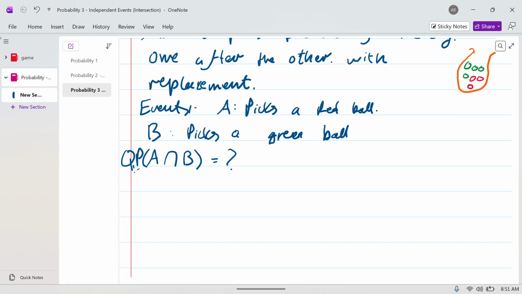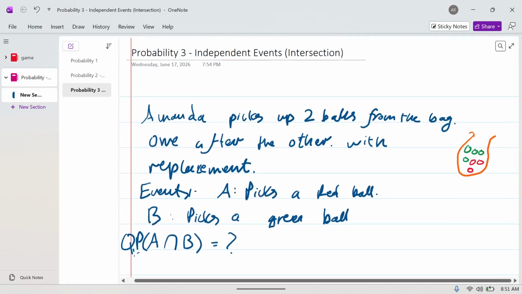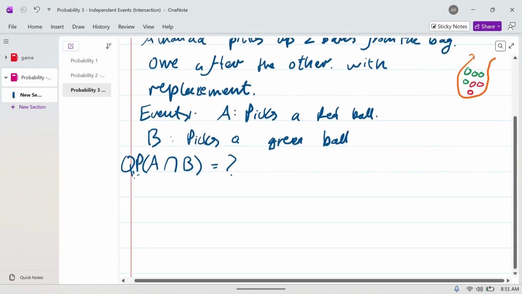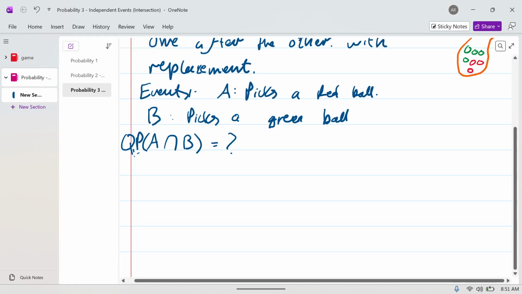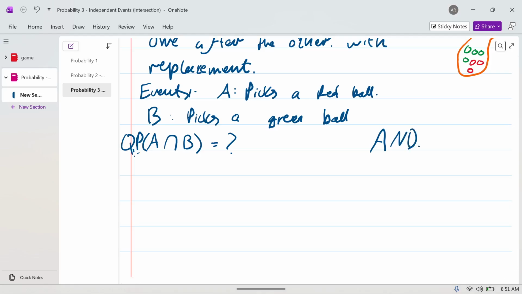Now what is this? That is what I want to talk about before I move on to anything else, okay? So remember we learned about "and". This thing is actually "and".